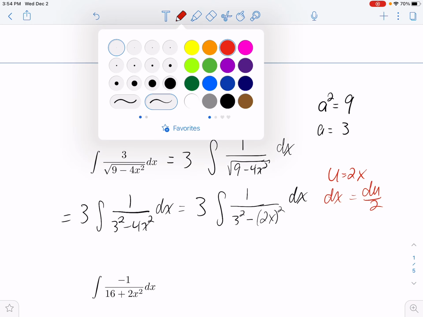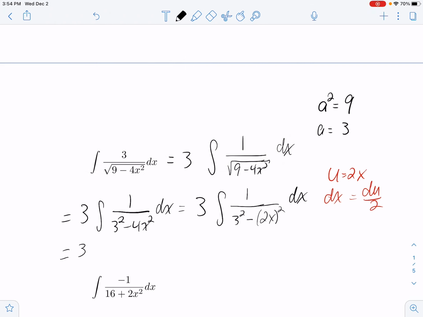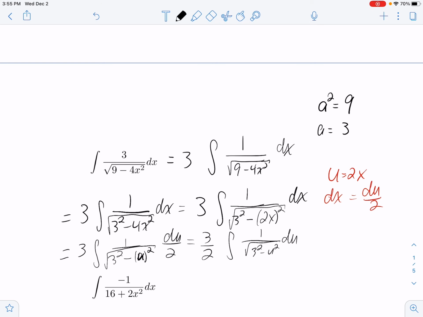So this is now equal to 3 times the integral of 1 over the square root of 3 squared minus u squared, du over 2, which is 3 over 2 integral 1 over the square root of 3 squared minus u squared du.